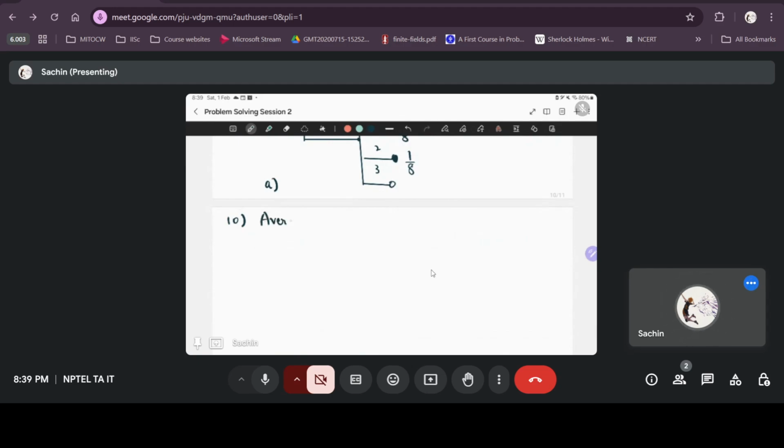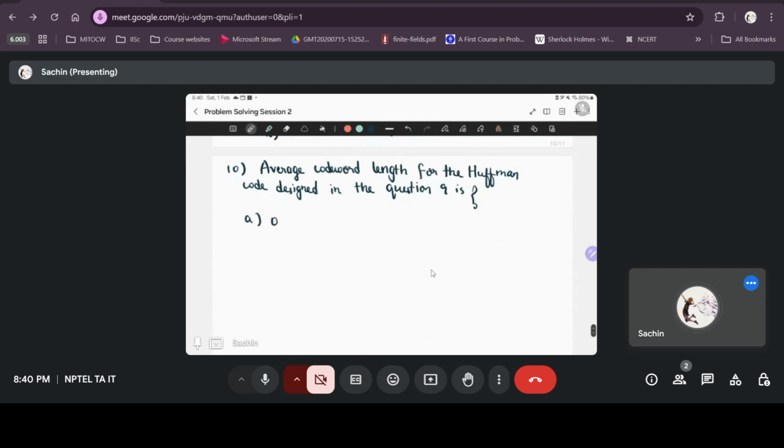Final question. Average code word length for the Huffman code designed in question 9 is, options are 0.75, 1, 1.375, and 2.